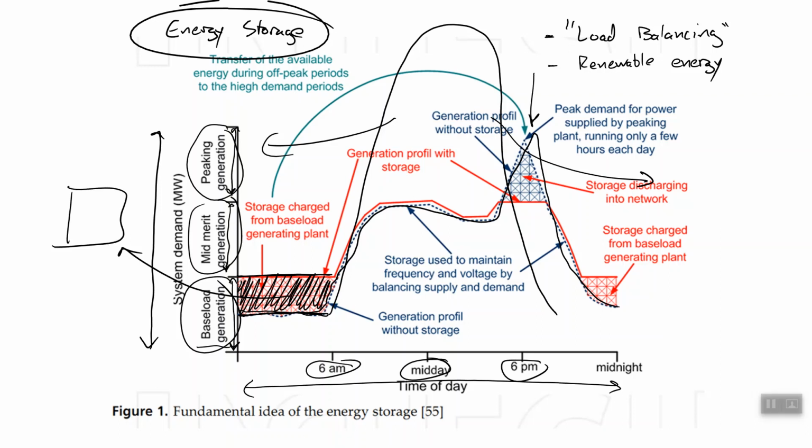And then when we reach a point where we have a sudden spike in power, instead of turning on these peaking plants, we take energy from our storage and use it to meet that demand. So this is the idea behind energy storage, is load balancing and also adjusting to a grid with high renewable energy penetration.